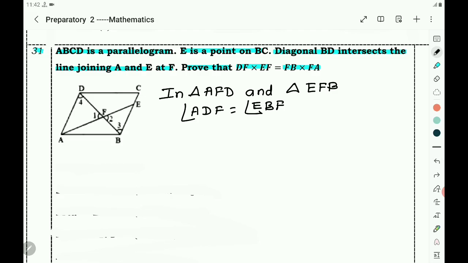Angle DAF equals angle FEB, and angle 1 equals angle 2. For these two, write the reason: they are alternate angles.